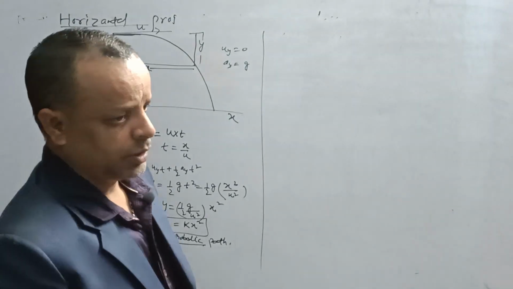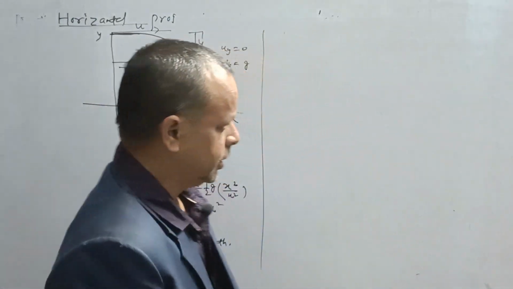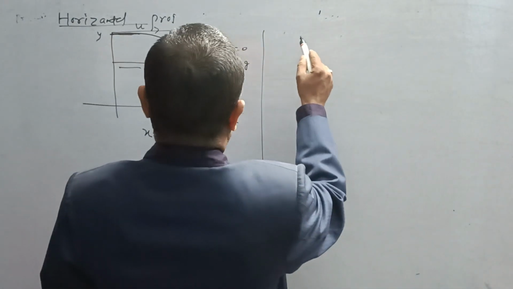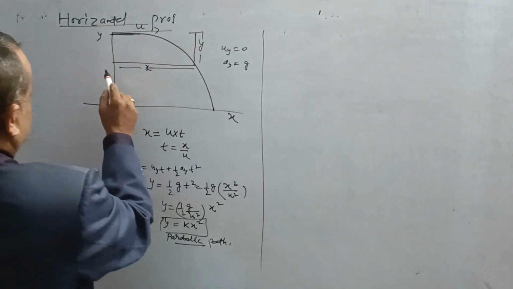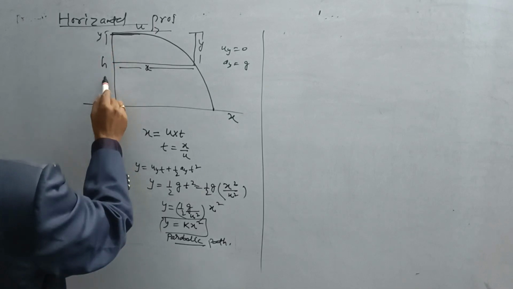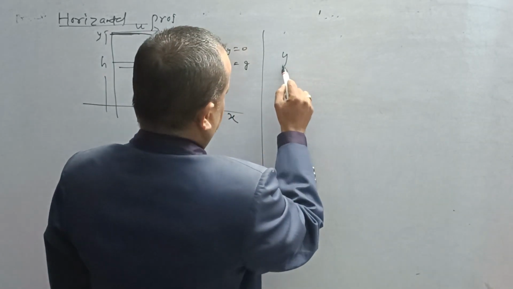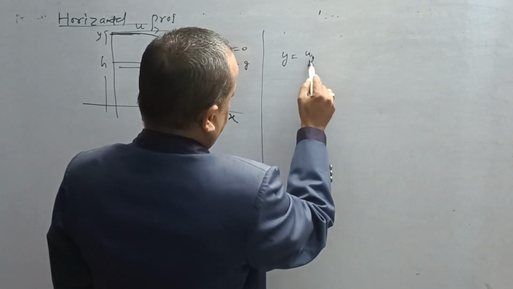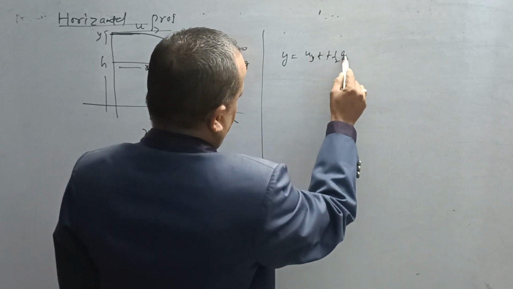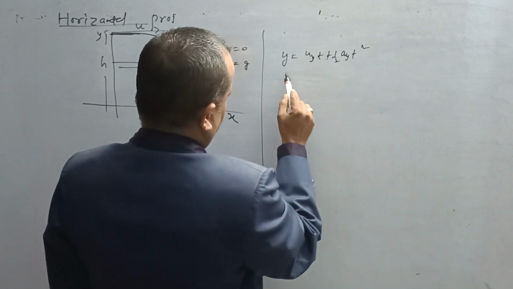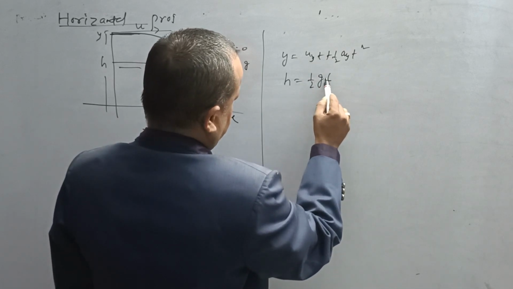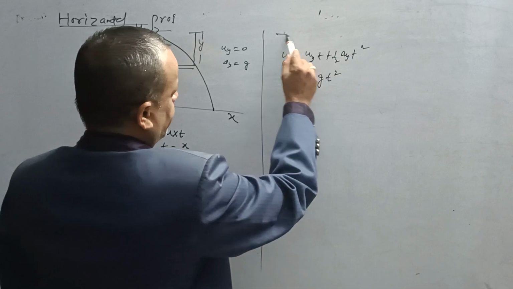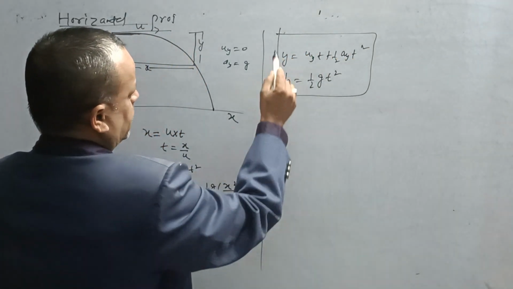Projectile follows a parabolic path. Now suppose this is the ground over here, and the distance to the ground is h. So y is u_y t plus half a_y t square. This is h, u_y is 0, this is half g t square. This is the height of the projectile.